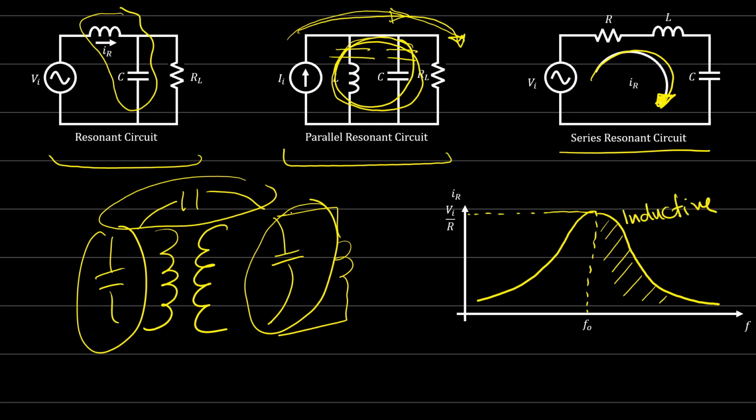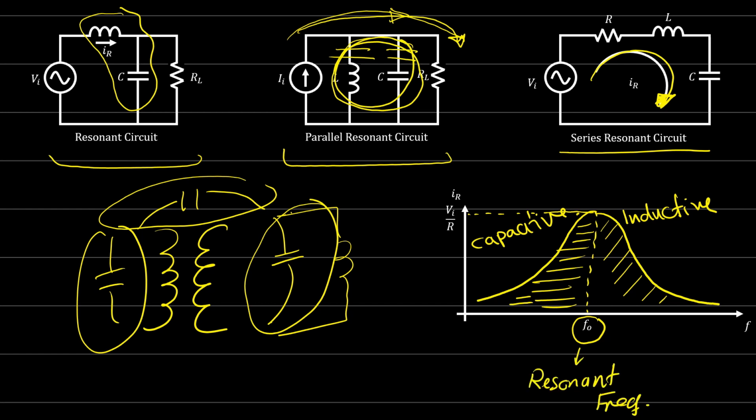Okay, if you reduce the frequency, this will be a capacitive circuit. So if the frequency is greater than the resonant frequency, this is an inductive circuit. If the frequency is smaller than the resonant frequency, this is a capacitive circuit. Okay, so this is the resonant frequency.